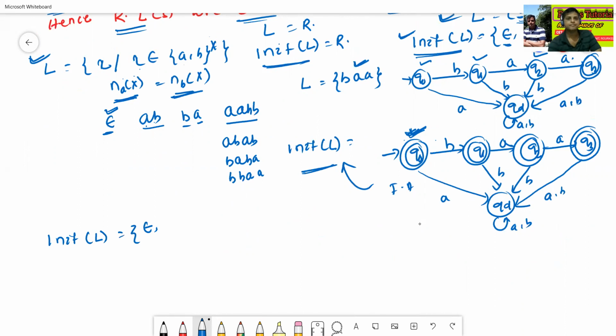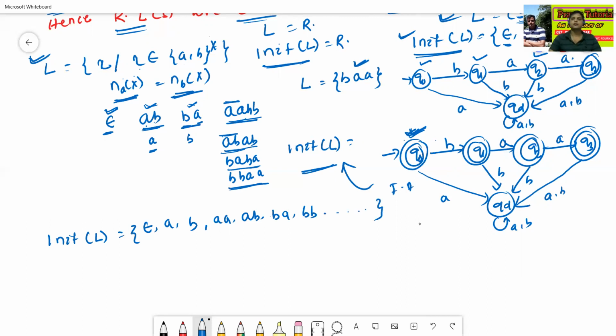We can also write the prefix of AB as A. We can also write the prefix of BA as B. We can also write the prefix of double A double B as A. We can also write the prefix of AB as AB. We can also write the prefix of BA as BA. We can also write the prefix of BBAA as BB, like this. We can also write the prefixes.